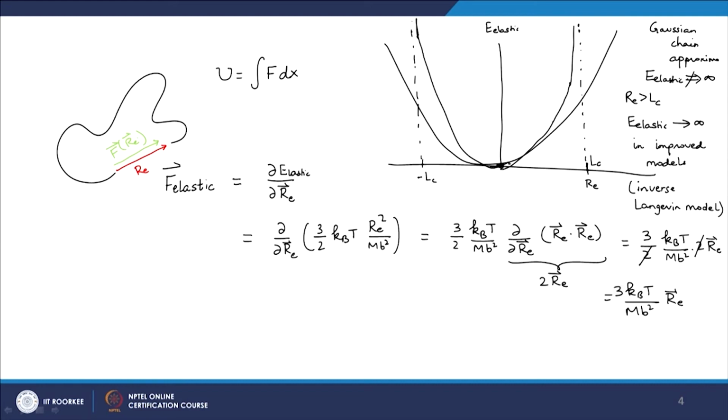Okay. So, now this is where we have come starting from the random walk models, and what we have seen here is we are replacing the polymer chain with one spring of a certain stiffness constant. Okay. So, now we can extend this idea a bit further by noting that if I cut this polymer chain into pieces, we still have polymer chains.